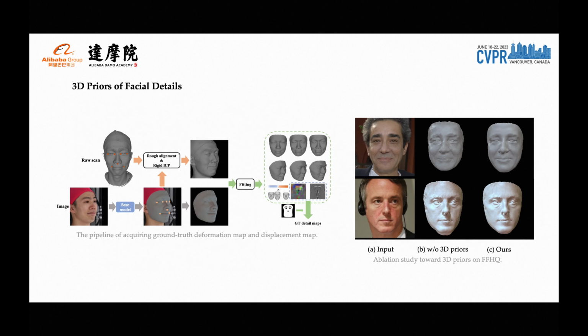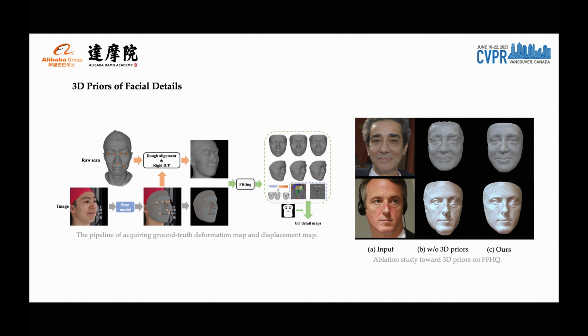Although facial details can be roughly learned from a single image using some reconstruction loss, it suffers from unreality and ambiguity due to its ill-posed essence. To address this problem, we exploit the 3D priors of facial details derived from real face scans to improve the reconstruction accuracy. As shown in the figure, given a face image and its corresponding raw scan, we can obtain the ground truth deformation map and displacement map through some fitting processes using the hierarchical representation mentioned above.